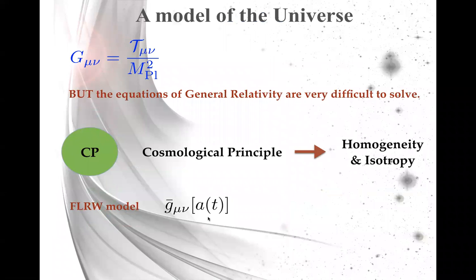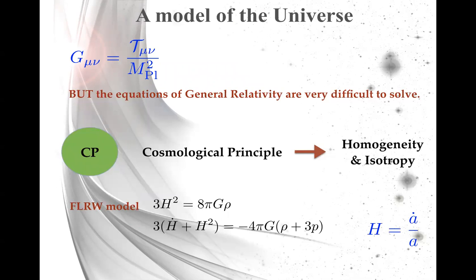And because we have only a cosmological constant apart from the metric, which automatically satisfies my SO(3) symmetry of the background, I can then model my universe. So these are the Friedmann equations that I obtain if I plug in this ansatz in the Einstein equations.